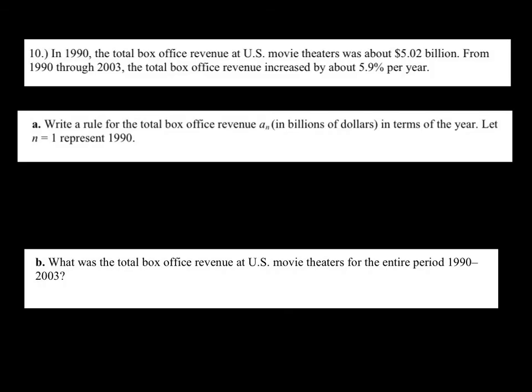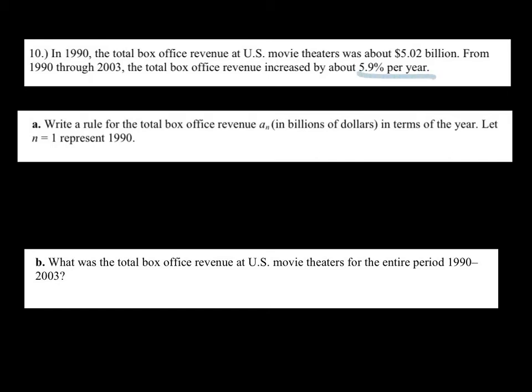So number 10, it's an application problem, and it says in 1990, the total box office revenue at U.S. movie theaters was about $5.02 billion. Billion is 9 zeros. But anyway, from 1990 through 2003, so including 2003, the total box office revenue increased about 5.9% a year.